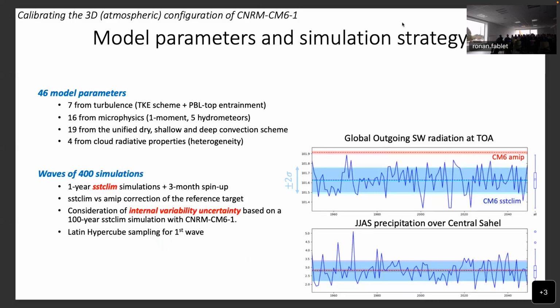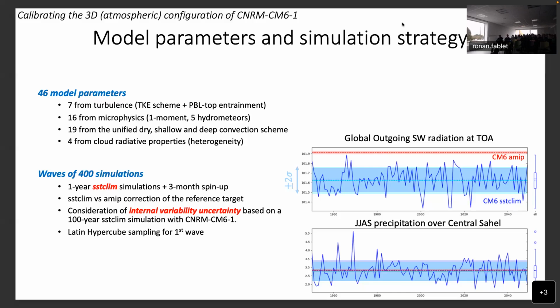To do that, we are using what I will call SST clim. So we are using a climatology of sea surface temperatures to prescribe the model. Only 1 year simulation, because we think that for many of those metrics, we don't have too large an internal variability.